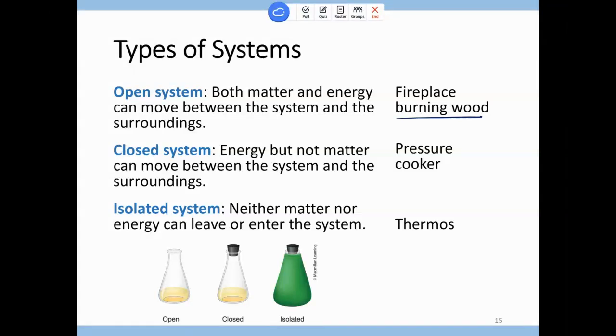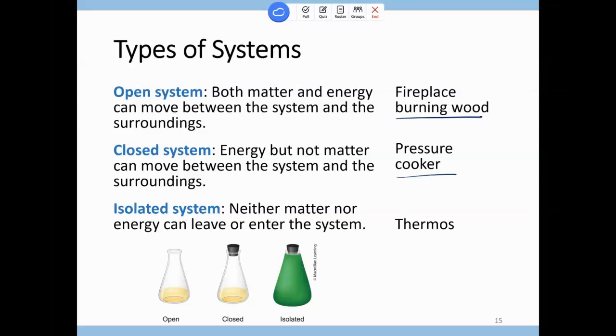That's an open system. A closed system is when energy can move between the system and the surroundings, but matter cannot. An example is a pressure cooker. You have a lid on your pressure cooker, so no matter is being released to the surroundings or brought in from the surroundings.